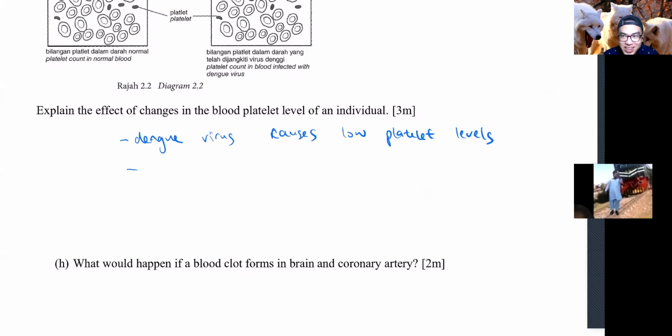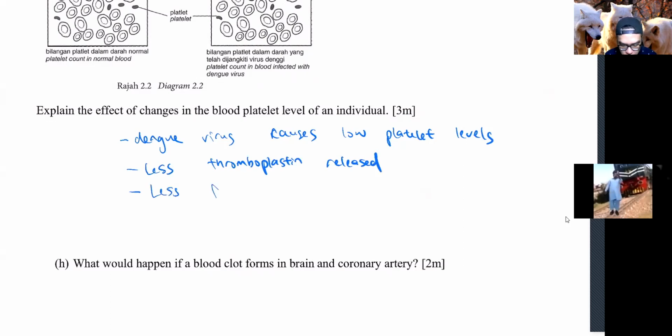Please don't do it. That's a very ghetto way to do it, but don't do that. So if there's less platelet, what happens? Less thromboplastin released. So you can say less fibrinogen forms. So blood clotting is slower.